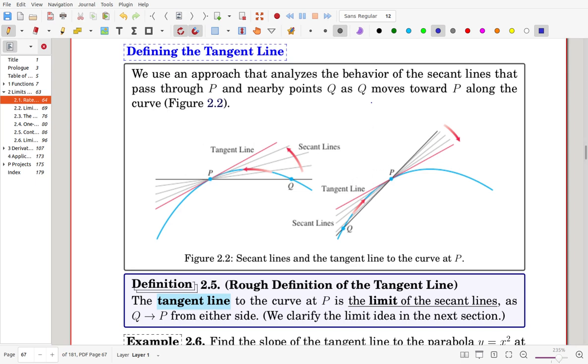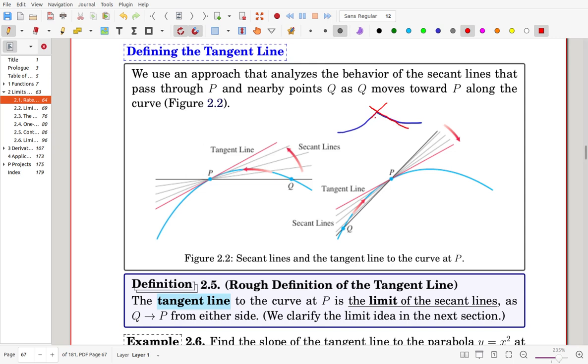For some cases, the limit doesn't exist. For example, the function shape goes up, has a cusp, and goes down like that. Then from the left-hand side, the limit will approach in that direction, and from the right-hand side, the limit of the secant lines will go that way, so they are not the same.